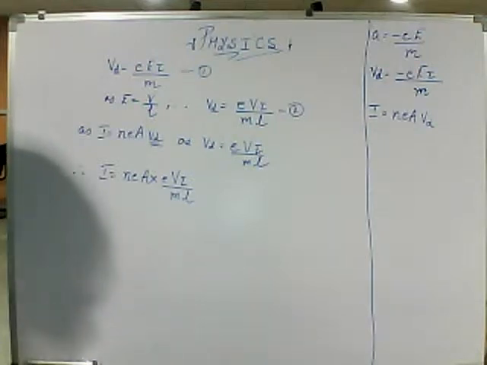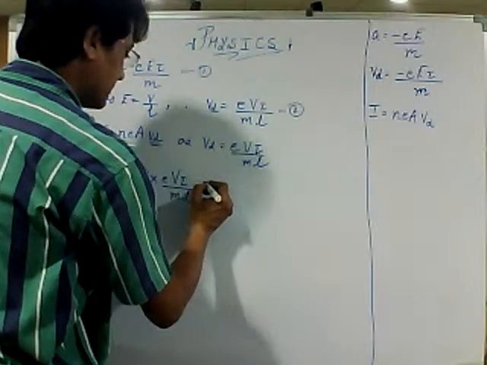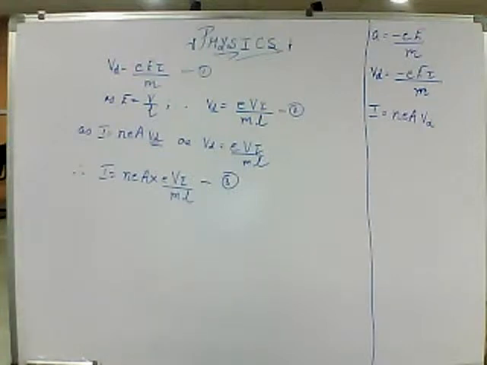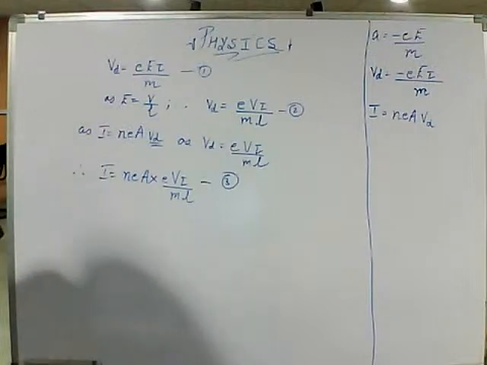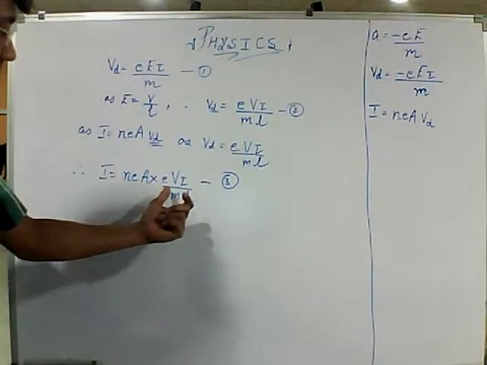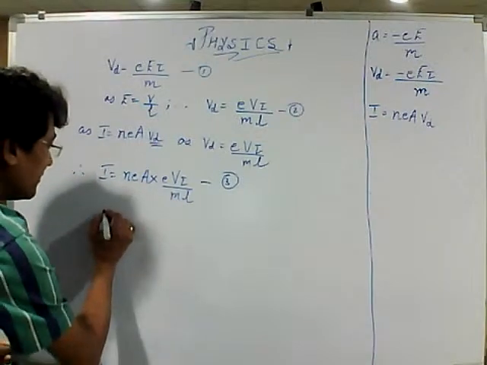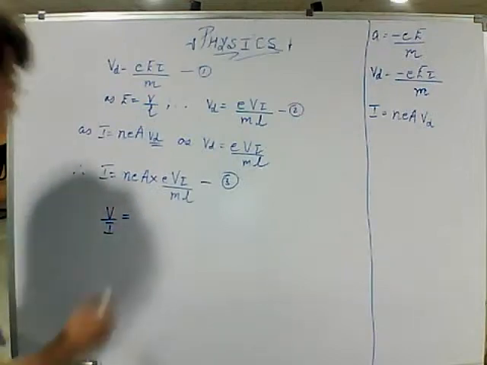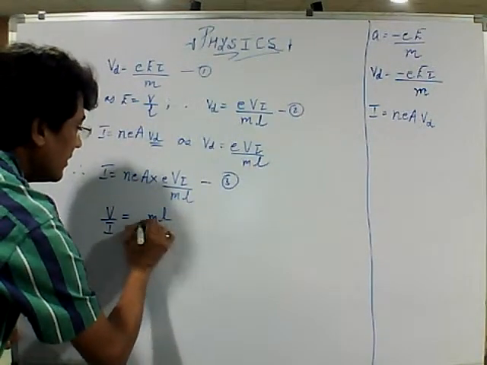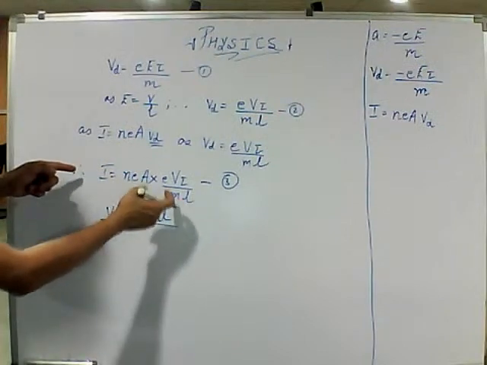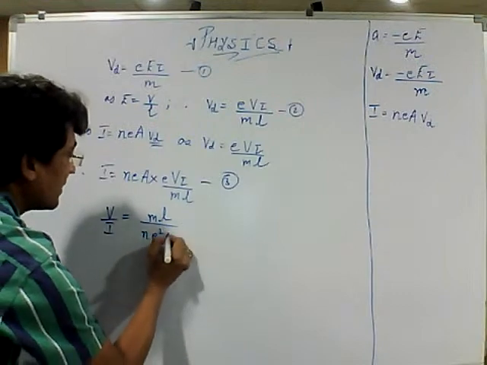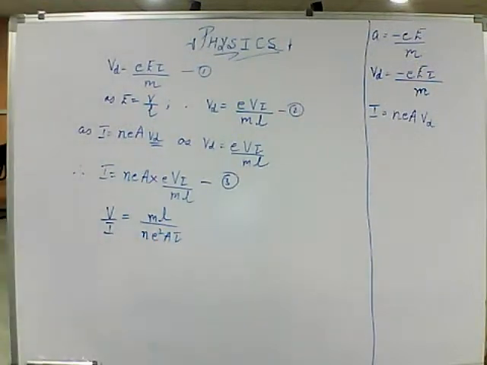Okay. This is the expression for current. Now what I can do over here is I can find the ratio of V to I. So V by I from here would be mL upon n e square A tau.